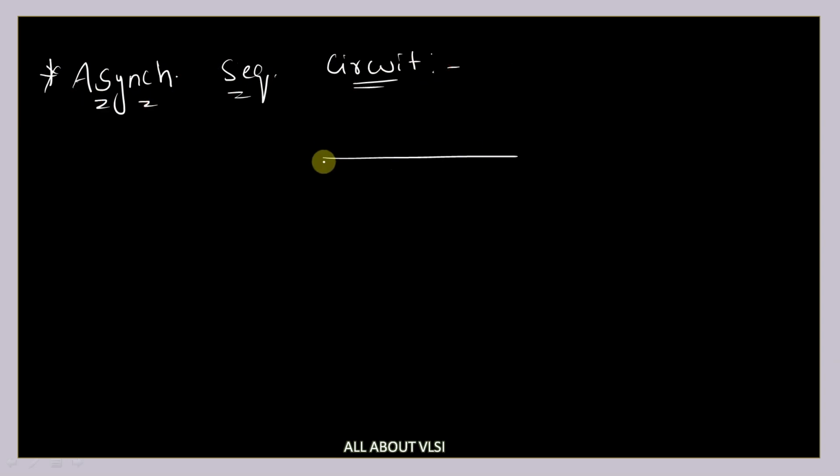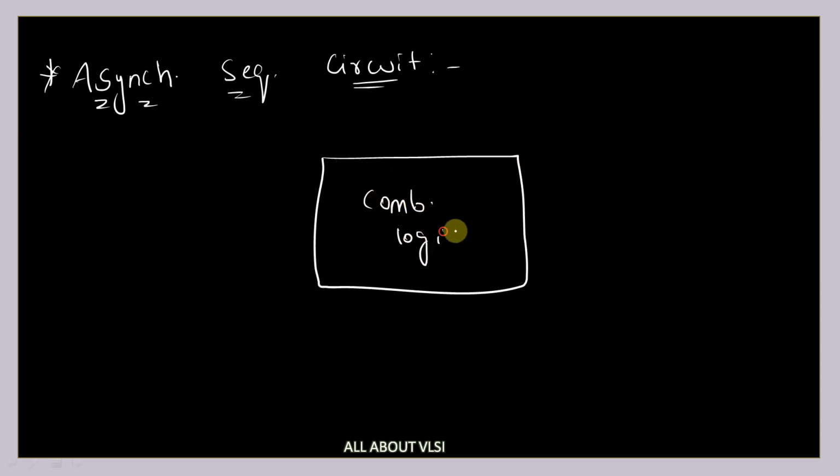Now, for example, let's see one asynchronous sequential circuit. How is it going to look? Your sequential circuit will have one combinational logic where you apply your input and get your output. That is common, and there will be one feedback.